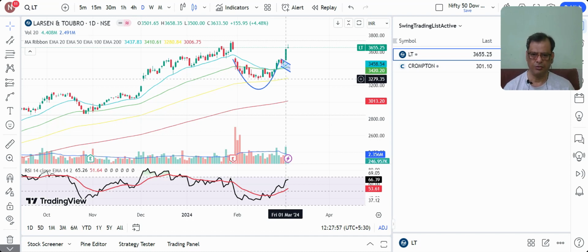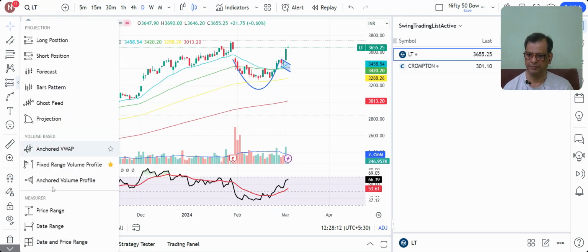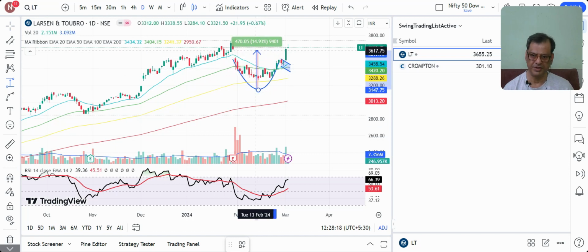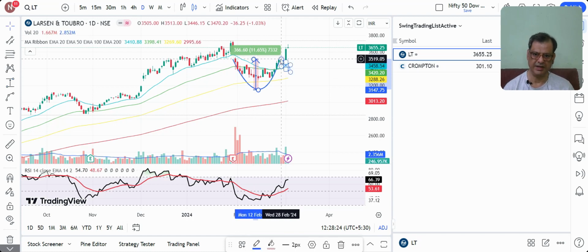Now, what are you going to do here? Where do you put your stop loss? What is going to be your exit strategy? What is your take profit? Normally you take the depth of the cup, from the bottom of the cup to the beginning of the cup, and apply it at the handle formation.